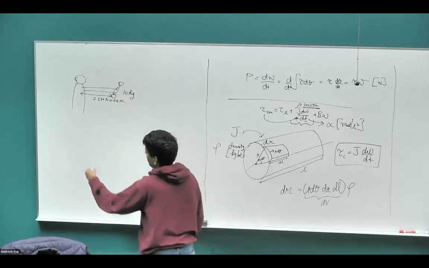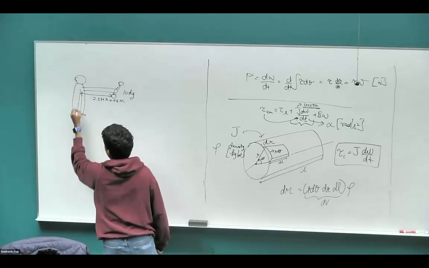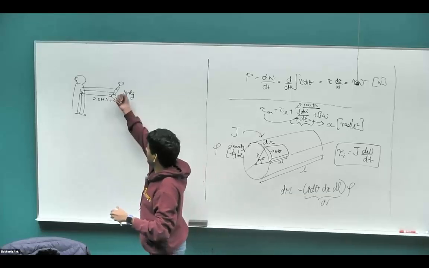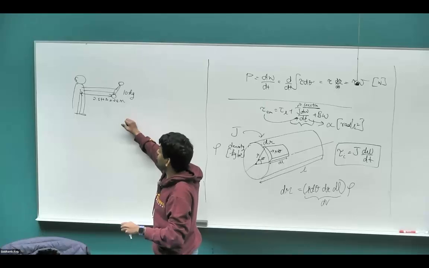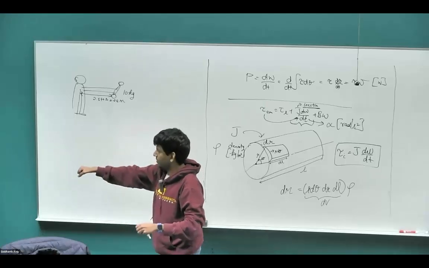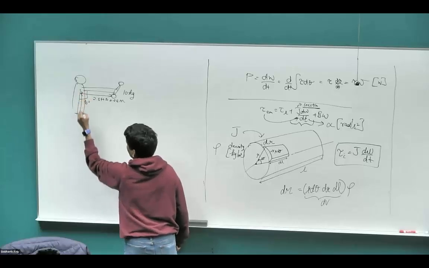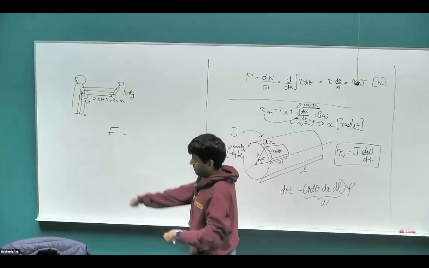Let's say the state when the weight was down here, where I was holding it, is going to be the zero energy state. And then when I lift it, we want to figure out how much energy is being transferred, what the torque is, and so on. So in this raised position at this 90-degree angle, what is the force that my arm is experiencing?